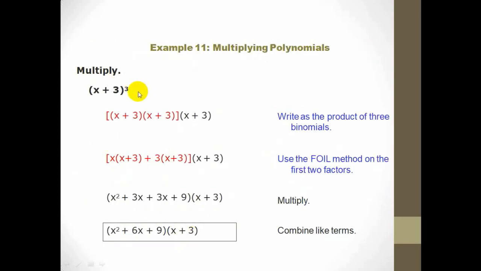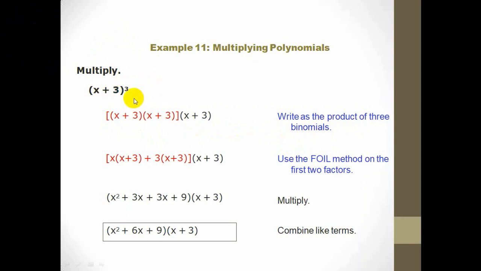Now this is again a binomial, but x plus 3 whole cube means to multiply these three factors. Write as a product of three binomials, x plus 3 whole cube. You can use the polynomial identity formula, a plus b whole cube equals a cube plus b cube plus 3ab into a plus b.